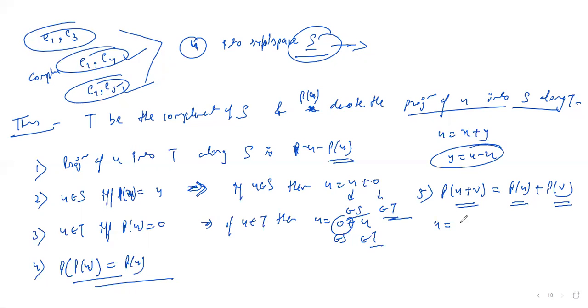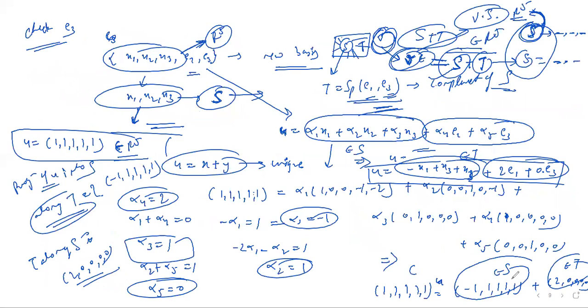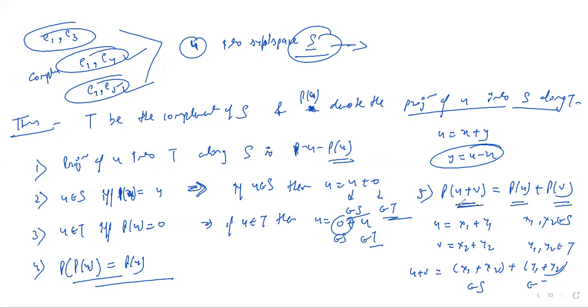Our U vector is X1 plus Y1, and our V vector is X2 plus Y2, where X1 and X2 belong to S and Y1 and Y2 belong to T. Then the sum U plus V will be X1 plus X2 plus Y1 plus Y2, where the first part belongs to S and the second belongs to T. So from this we get that P of U plus V equals the projection of U into S along T plus the projection of V into S along T.